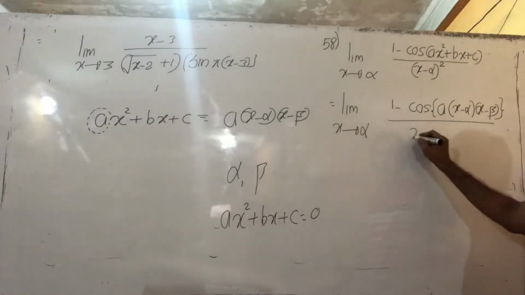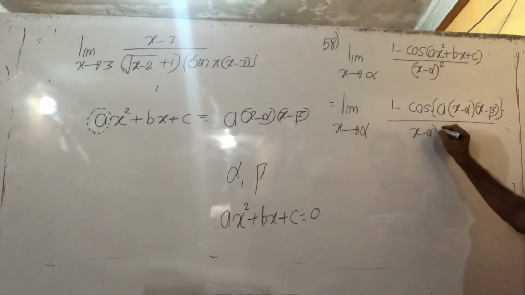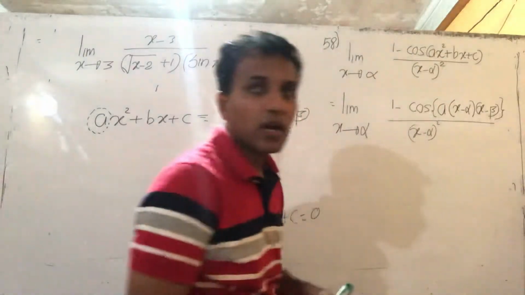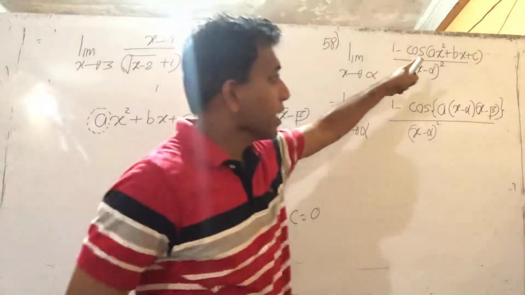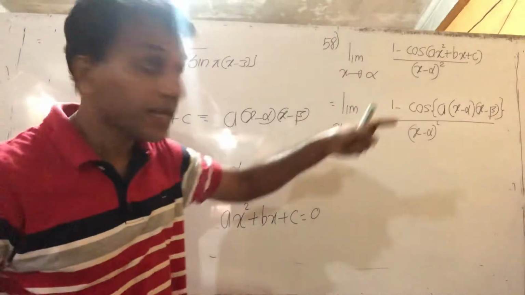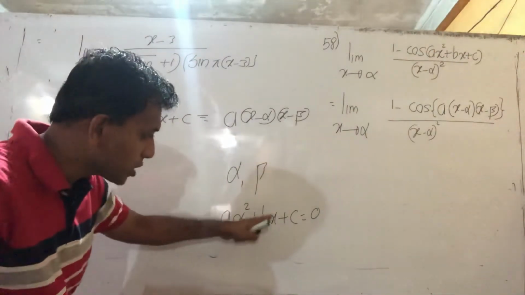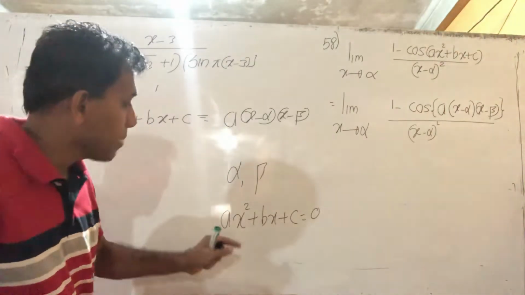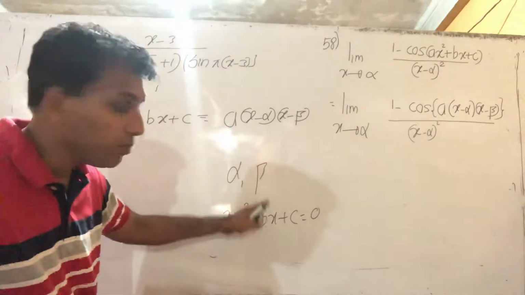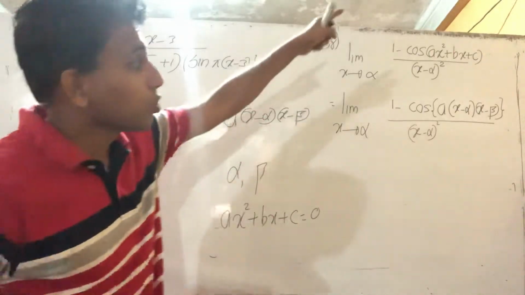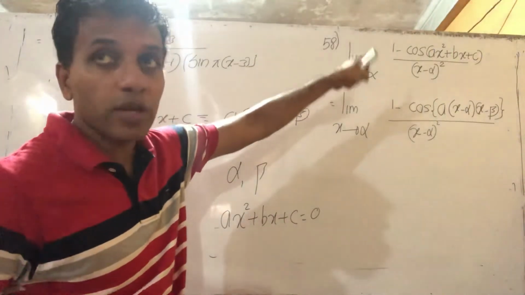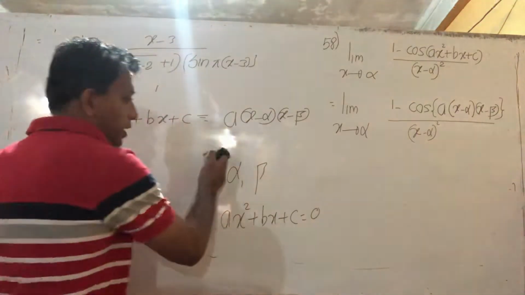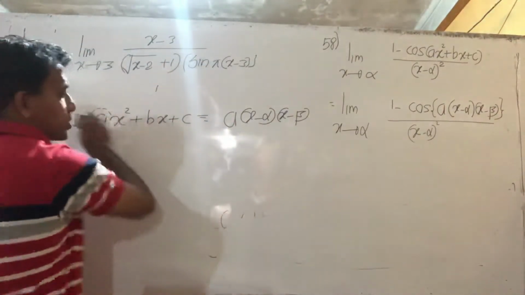Over x minus alpha square. So what happens if you straightaway put x for alpha? a alpha square plus b alpha plus c is 0, because alpha is a root, same as a beta square plus b beta plus c is 0, right? So cos 0 is 1, 1 minus 1 is 0, below also 0. That's why we use this format.